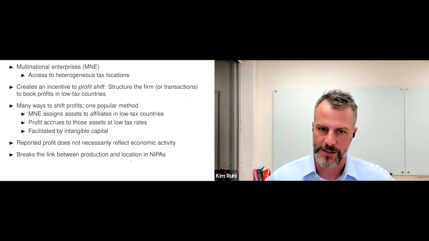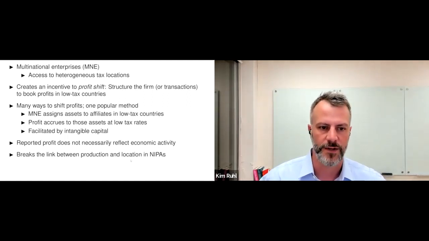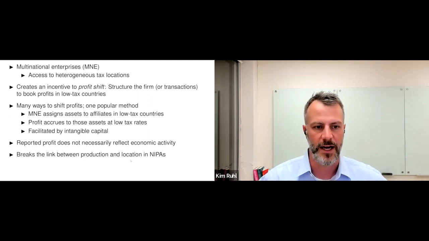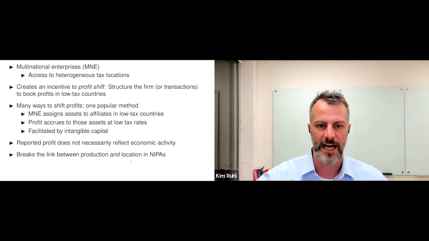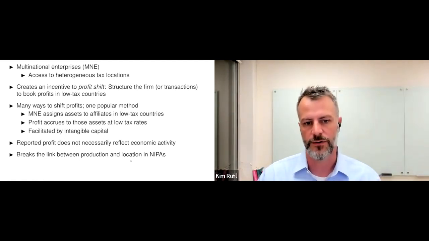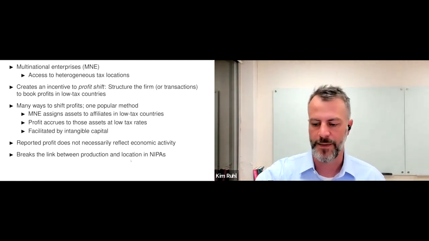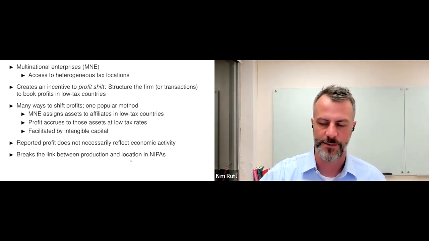There are a lot of different ways firms do this, but one popular method, and one that we're going to find a lot of support for in the data, is the idea that a multinational firm assigns or sells its assets to a low tax country, and then profit accrues to those assets at low tax rates. You can imagine a firm putting a piece of intellectual property, and intangible capital is particularly well suited for this idea.